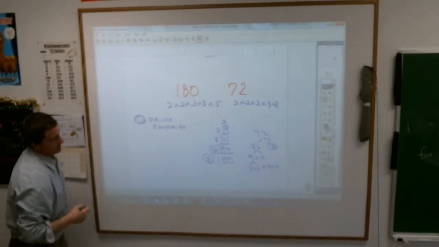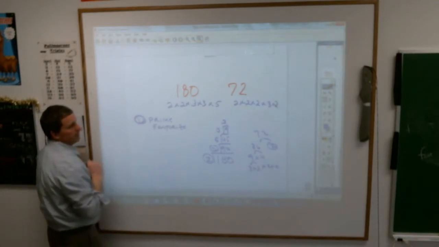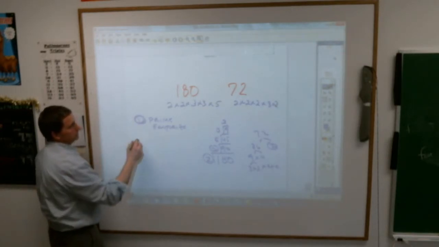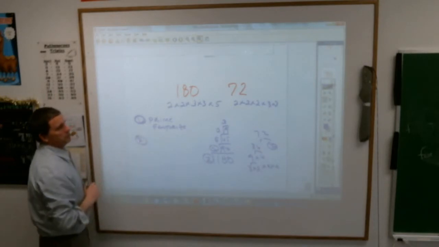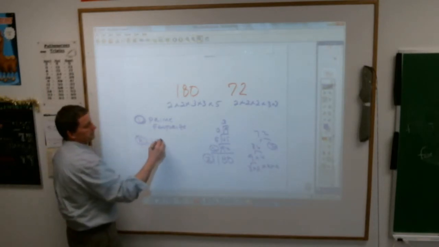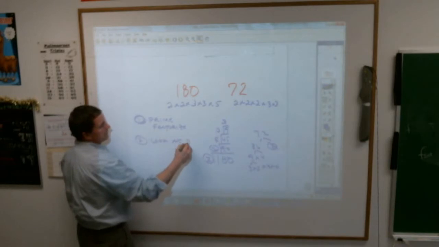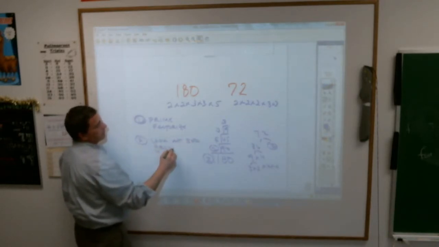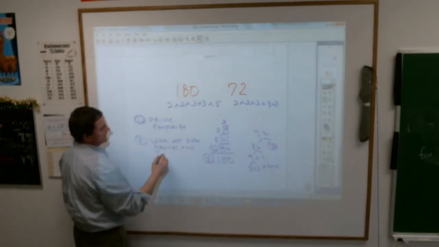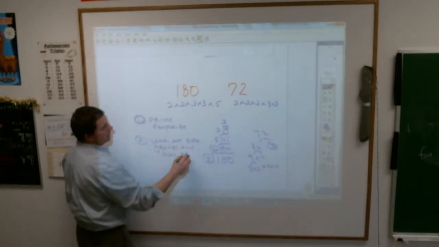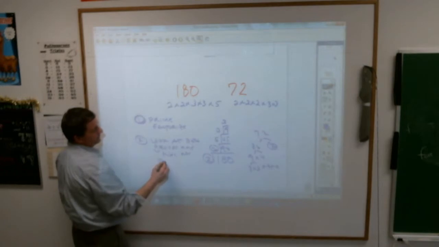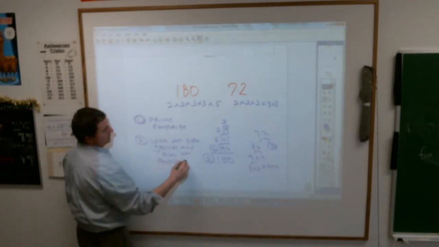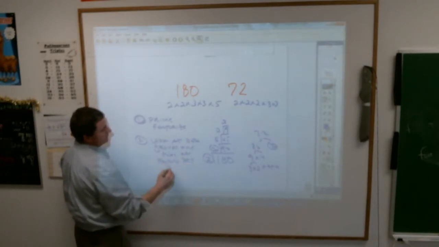After you prime factorize them, what you need to do is look at both groups and take all factors they have in common.